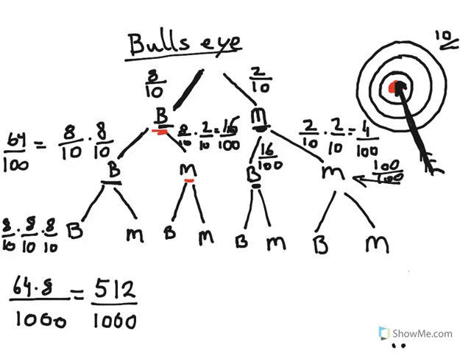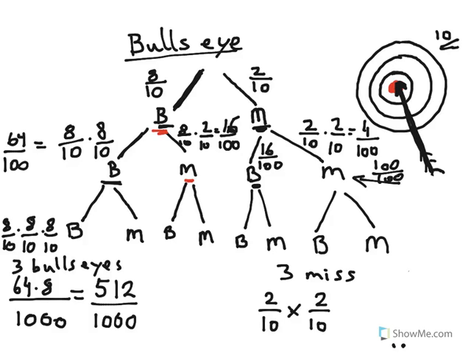What would be the chance of us getting 3 misses in a row then? Well, the chance of us getting 3 misses in a row would be the chance of the first miss, which is 2/10, multiplied by the chance of the second miss, which is also 2/10, multiplied by the chance of the third miss, which is also 2/10.